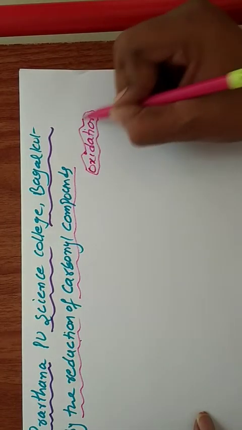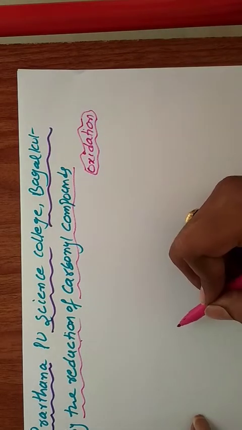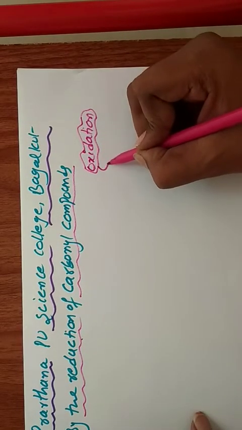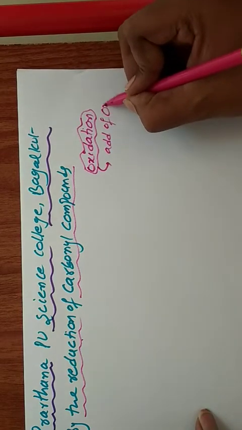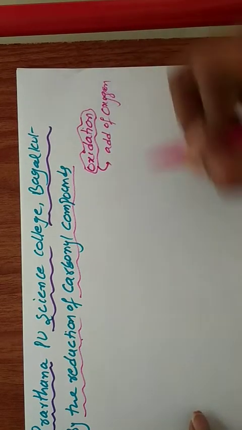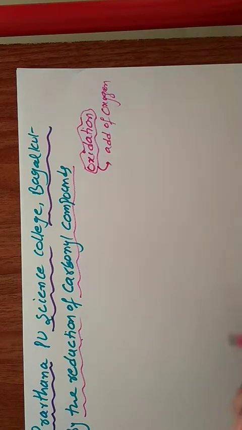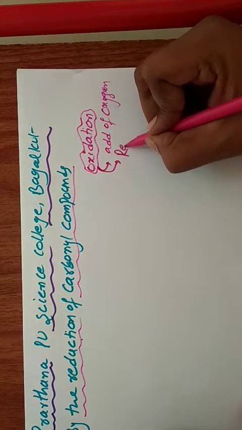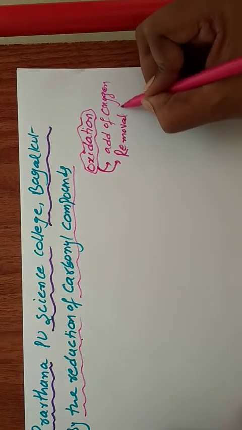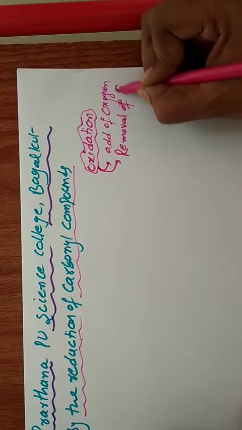What is the definition of oxidation? First letter O, that's why addition of oxygen. When oxygen is added, that process is called oxidation. Next, removal of hydrogen.